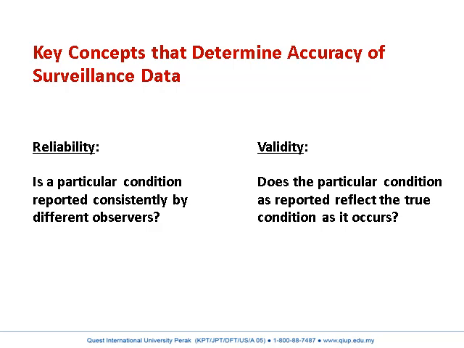Validity: does the particular condition as reported reflect the true condition as it occurs? One case of influenza got reported. We have to make sure that the case is actually a case of influenza. How can we confirm it? We have to test it to make sure that it is influenza.